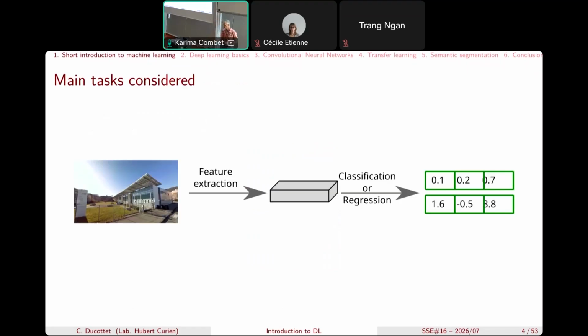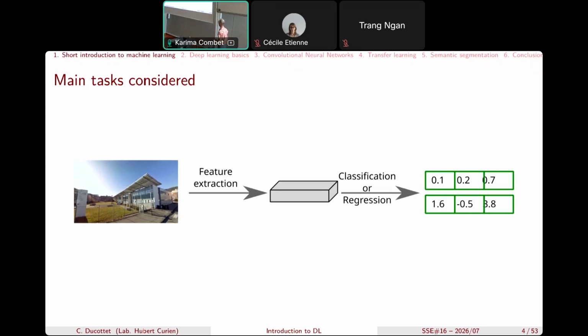So as we already talked about, we are considering some machine learning tasks. And in this part, I will mainly consider two different tasks. The classification task, where we want to predict some probabilities, or the regression task, where we want to predict some values given some input.